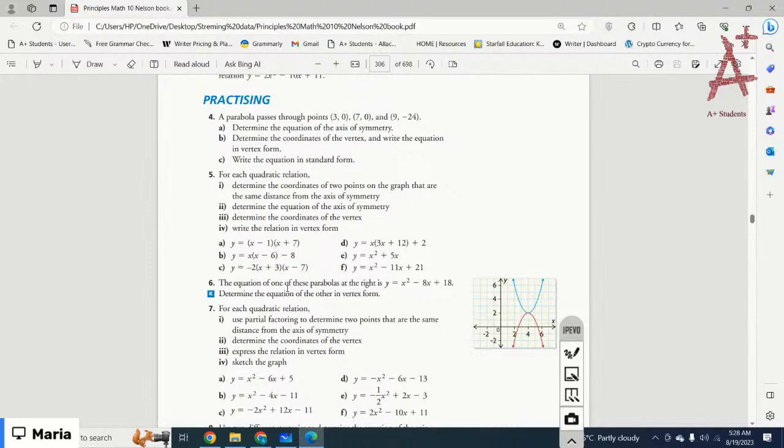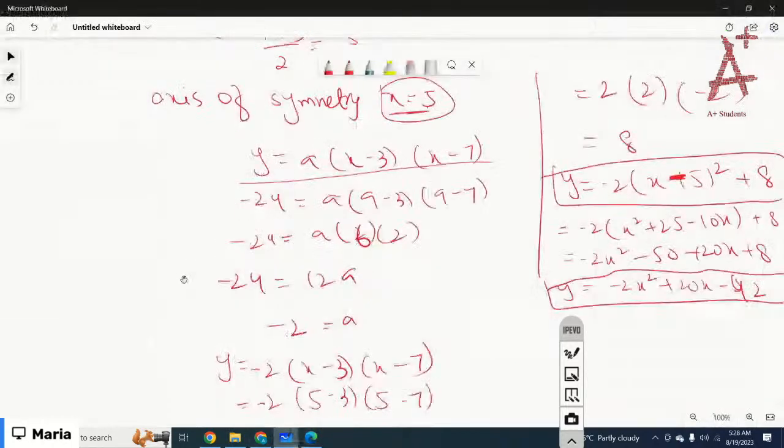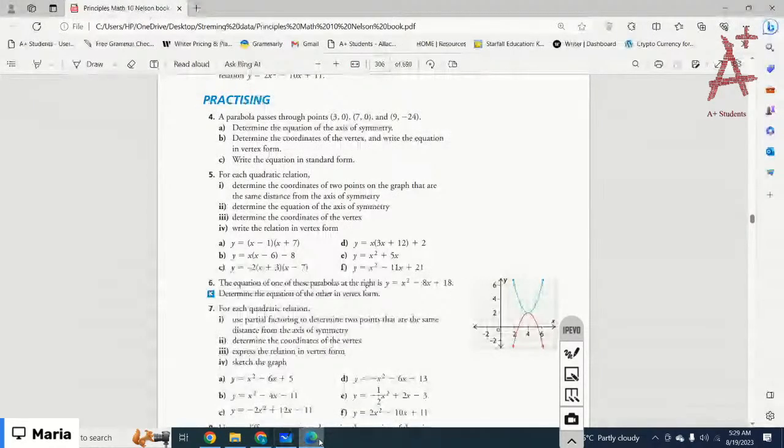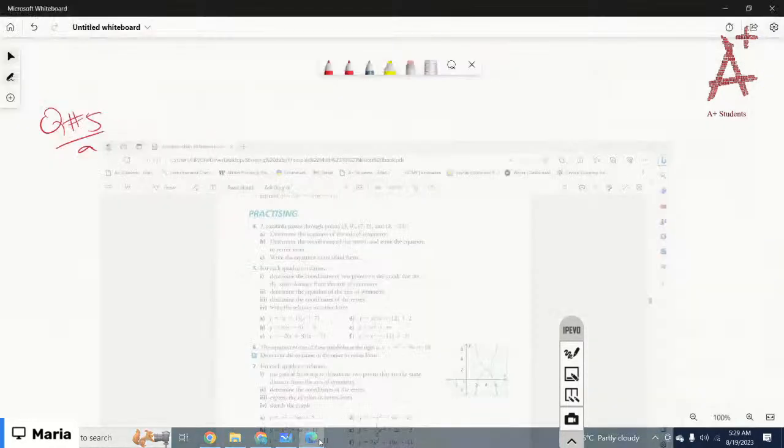Determine the coordinates of the vertex and write the relation in vertex form. y equals (x minus 1)(x plus 7).